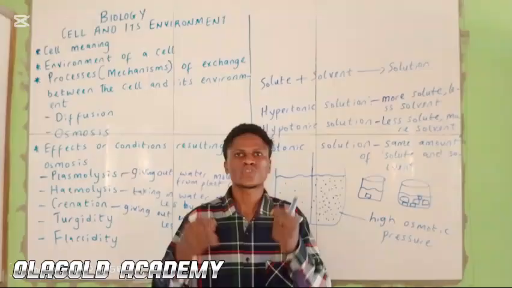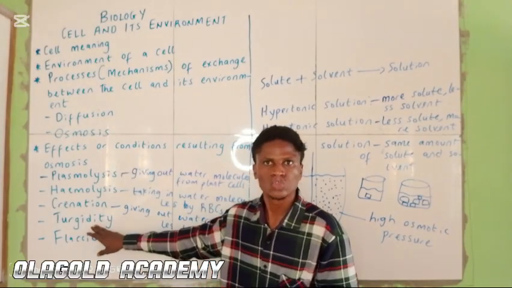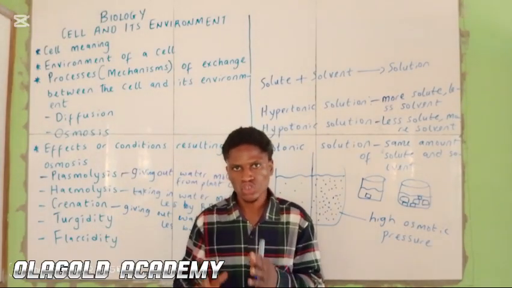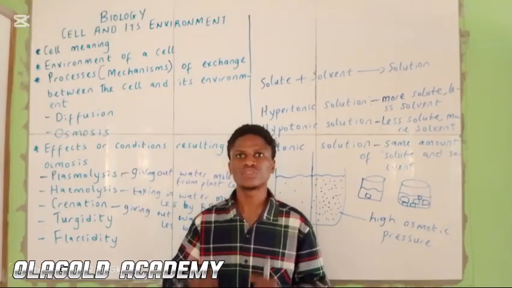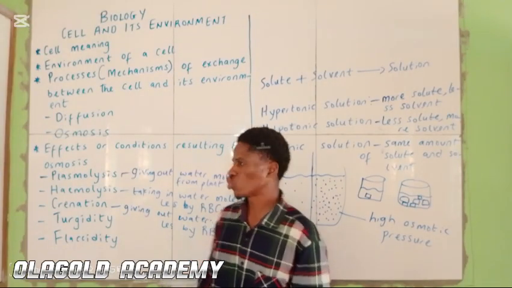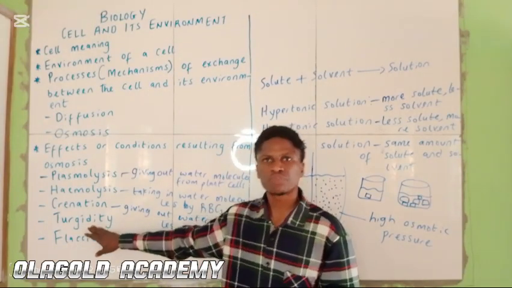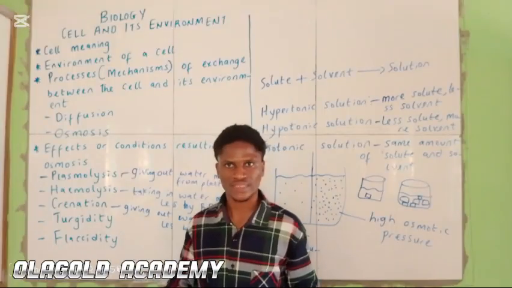It helps plants to maintain their position, for them to be upright. So turgidity helps plants to be upright.